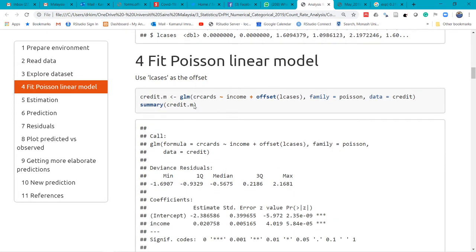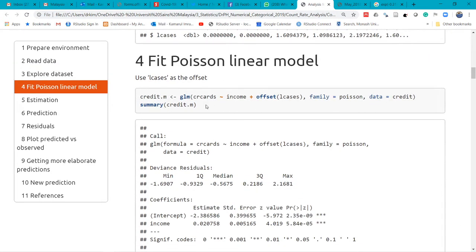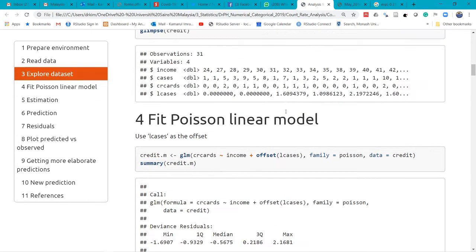So we use GLM, and this is the column credit cards. I think this is the number of credit cards stolen, and income as the predictor, and put offset as the log of cases. So this is the log of this one.